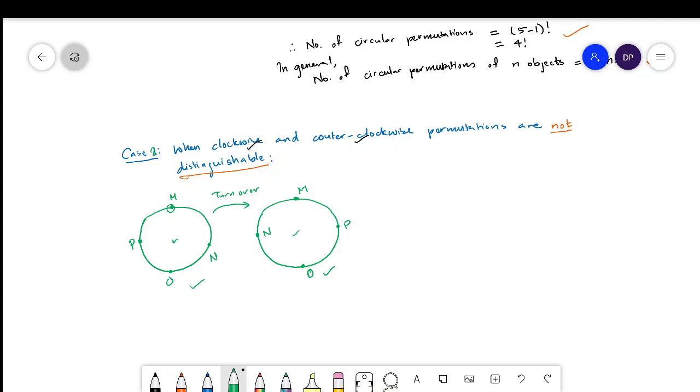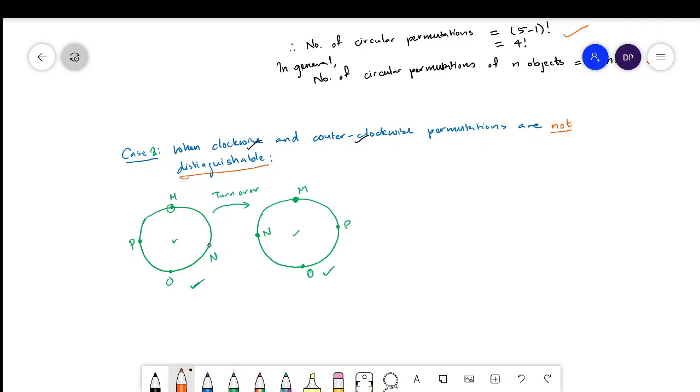In other words, we cannot say whether rose M is here or rose N is there. So for that reason, we consider these two arrangements the same. And here, we have fixed the position of M and arranged the other roses.